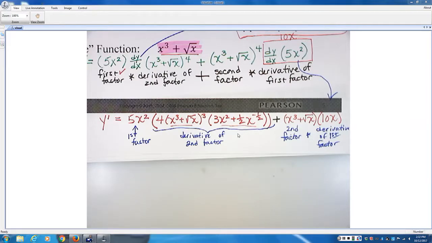First factor of your function, 5x squared, times the derivative of your second factor, which was chain rule to get that derivative, which is why it's so long and ugly, plus the second factor times the derivative of the 5x squared, which is your first factor. So that's 2 rules all rolled into 1.